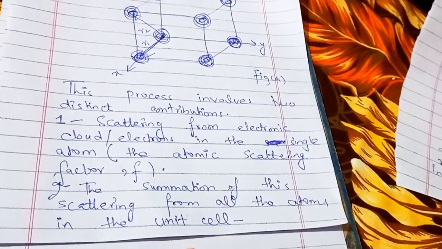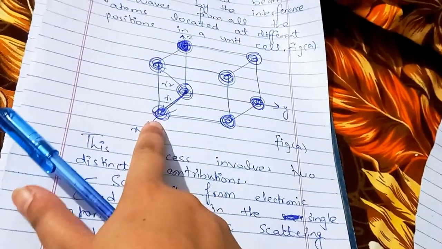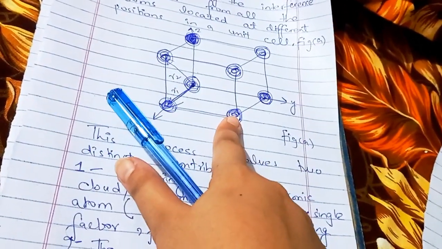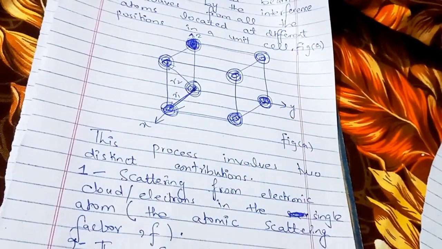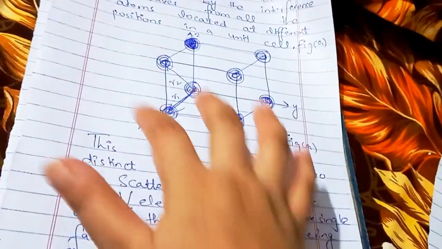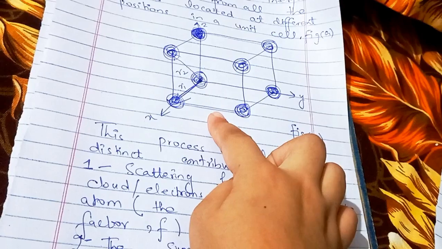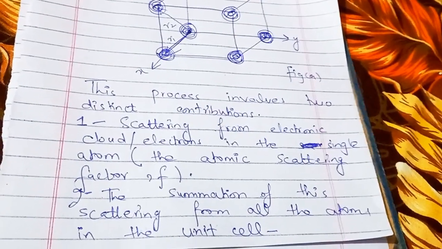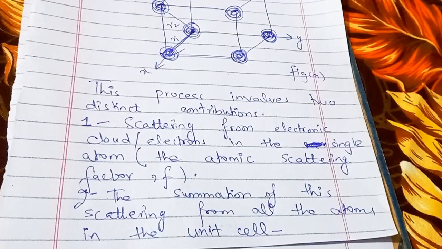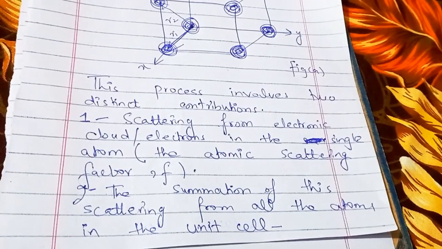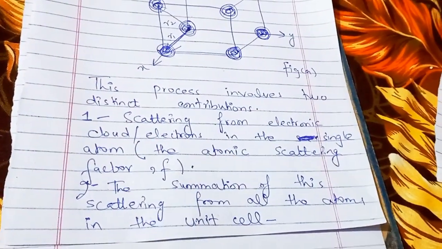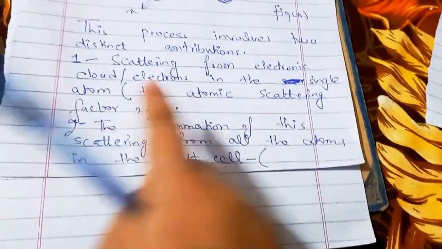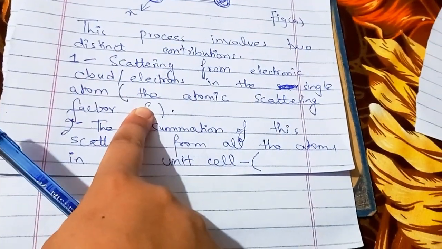I hope you got it. We should know the atomic scattering factor and the relative position of atoms inside the unit cell. Taking into account the contribution of all the atoms in a single unit cell, we can get the scattering amplitude of the X-ray beam that has been diffracted, or in other words, the geometrical structure factor for the interaction. So we can write here in the brackets: the first phenomenon was the atomic scattering factor.